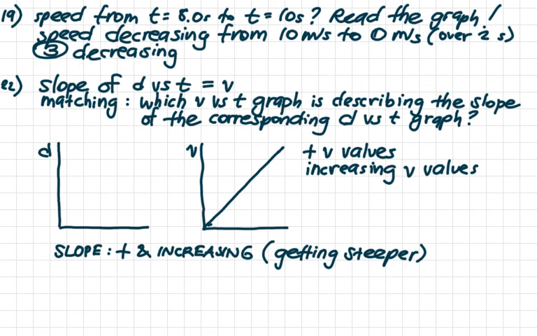So positive slope and getting steeper. When I say an increasing slope, it means getting steeper. For instance, if I drew this, that's a positive slope, but that's a constant slope. That rise over run is constant over its length, so that is not right. Instead, I'm going to draw a curve where it starts off positive and shallow, and then as it goes, it gets positive and steeper, and then positive and steeper still.